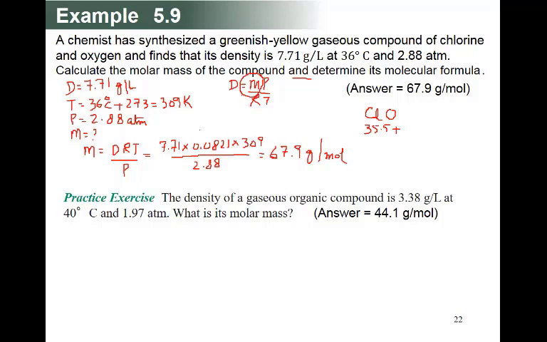But if you take just 16, it will be less than this number. So you have to multiply oxygen by 2, so this becomes 32. So this will be equal to 67.5, and that is approximately equal to this answer.